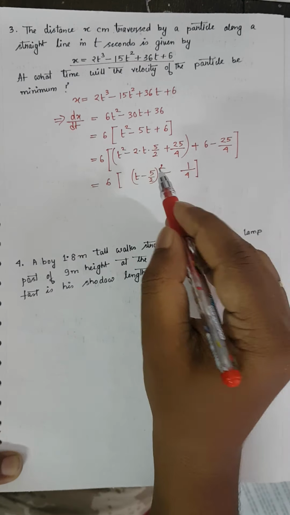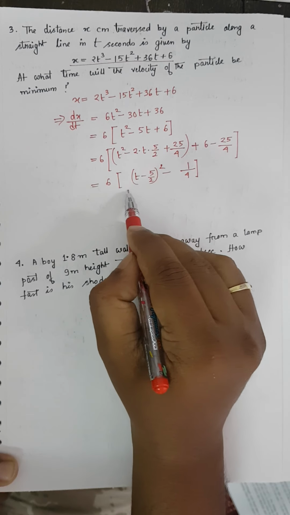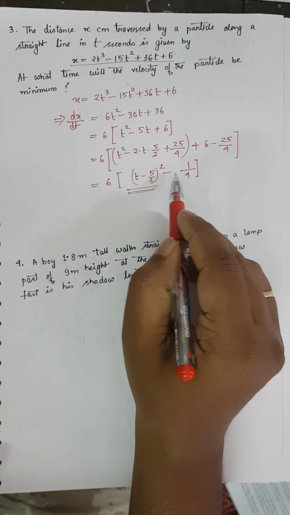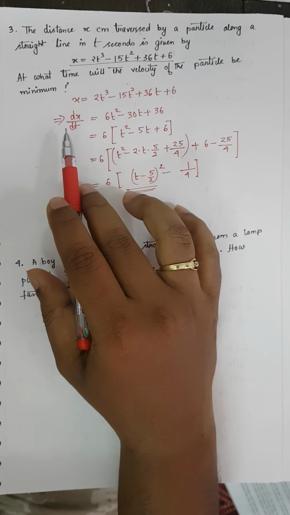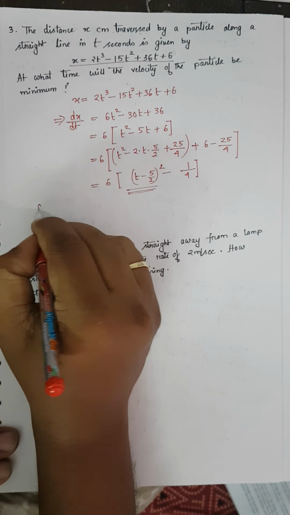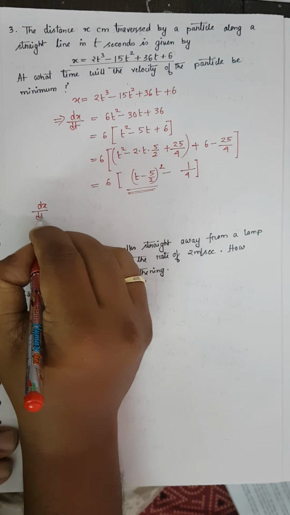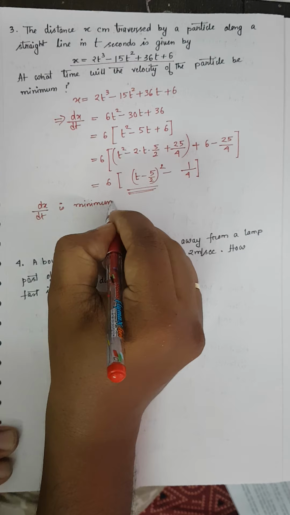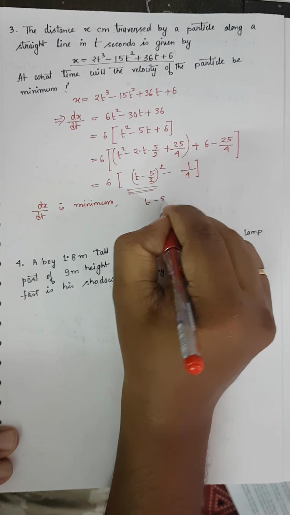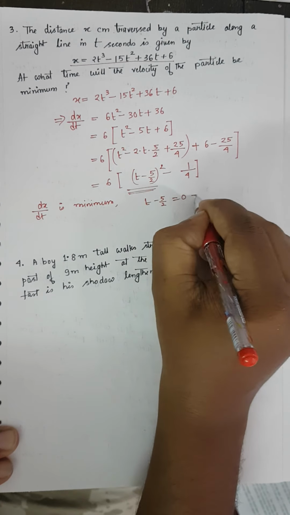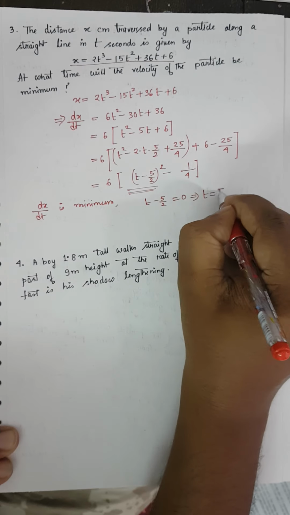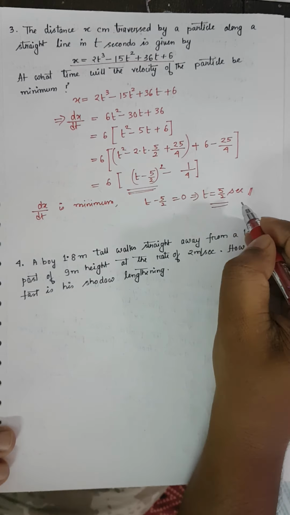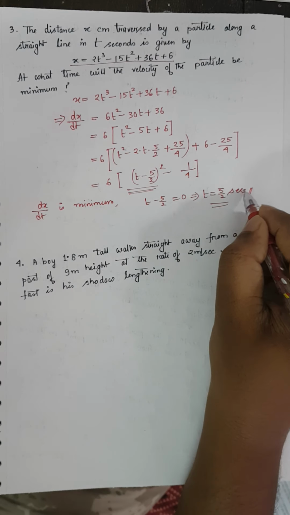So clearly this is a quadratic expression. This is a whole square plus minus 1 by 4. When it is 0, the value will be minimum. So I can say that dx by dt is minimum when t minus 5 by 2 is equal to 0, that is your t is equal to 5 by 2 seconds.